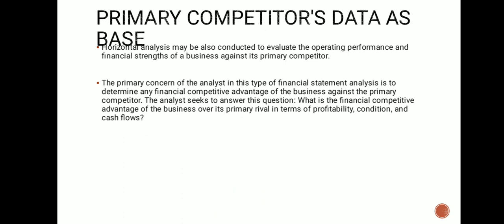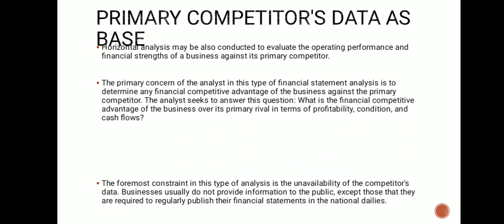The primary concern for the analyst in this type of financial statement analysis is to determine any financial competitive advantage of the business against sa iyahang competitor. The analyst seeks to answer this question: what is the financial competitive advantage of the business over its primary rival in terms of profitability, condition, and cash flows?